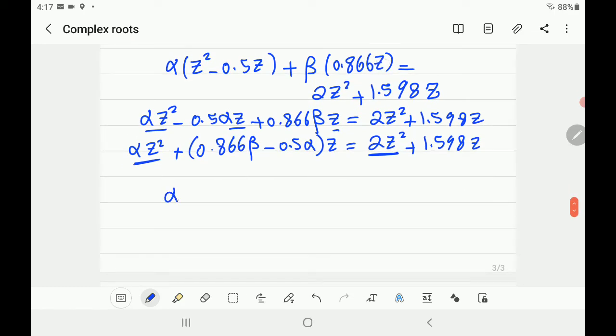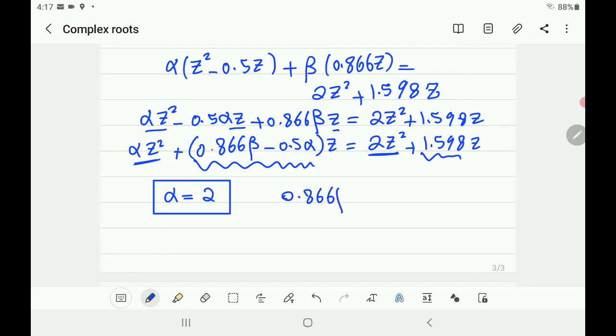And now you compare z squared with z squared. What do you get? Alpha is equal to 2. Great. Well, for beta, you go for the coefficient of z on both sides. So you have 0.866 beta minus 0.5 alpha equal to 1.598.